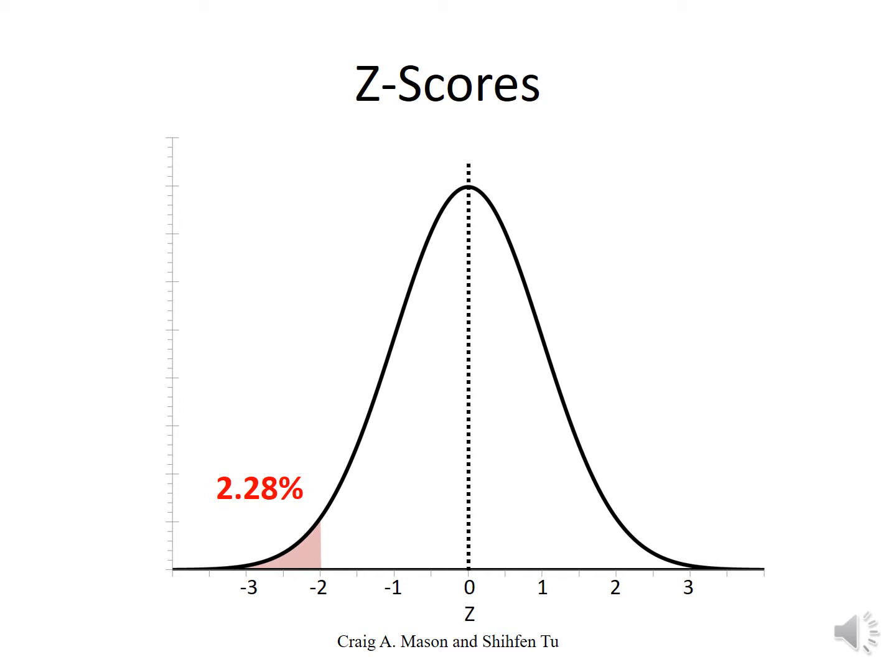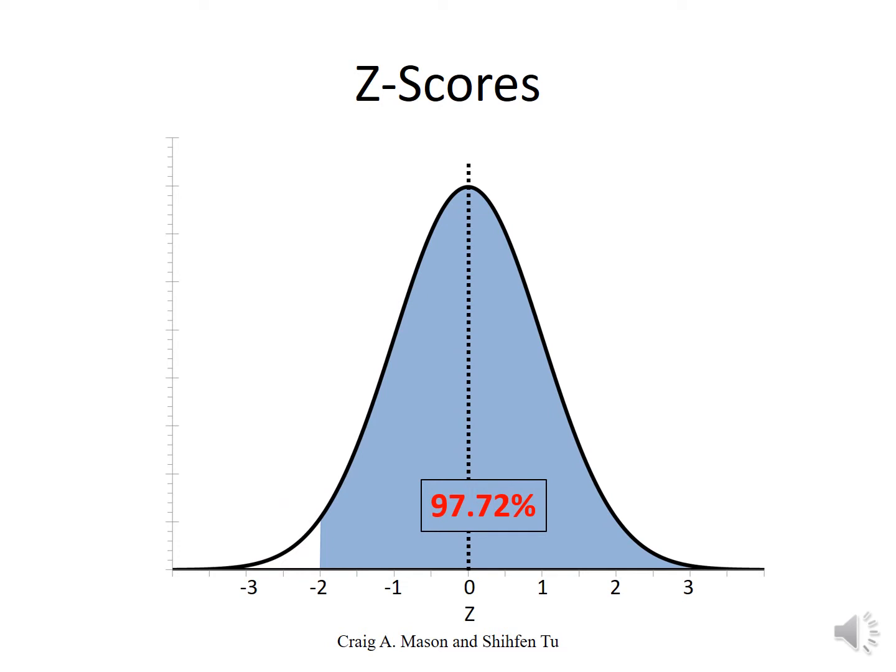What if we wanted to know the percentage of people that scored above a z-score of -2? It's simply 100% minus 2.28%, or 97.72%.